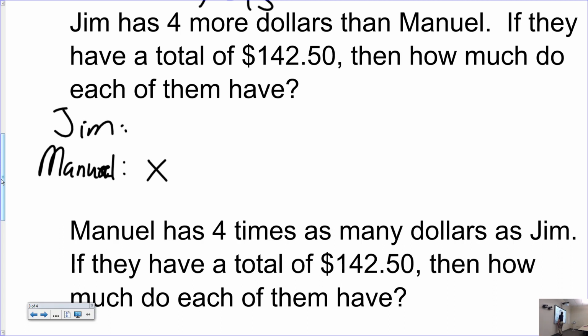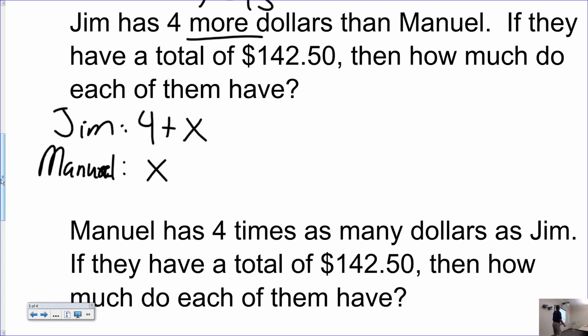Note, folks, be careful with that one, right? More is a plus. And again, this is where students sometimes make a mistake because that turns into 4x instead of 4 plus x. So just be a little cautious. That's the first sentence, setting it up.